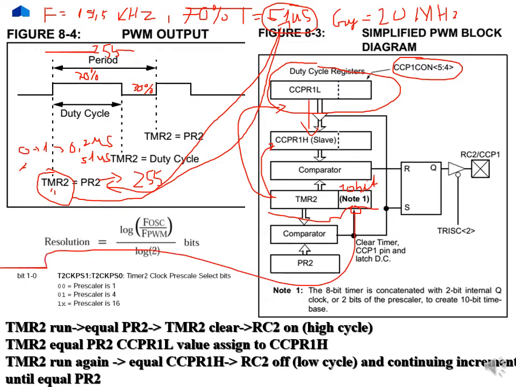The number of bits here is this value, the prescaler. For example, if we write 0 and 0 here, this one will become 8 bit, and the 0 0 become the low significant bits to form a 10 bit.